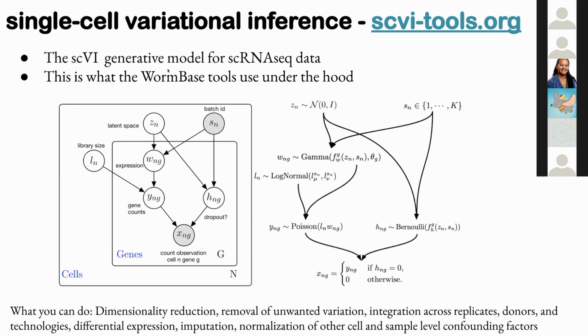And so just so you have a sense, this is what it usually means when I say a model. SCVI makes it very easy for you to create generative models, which are a different way of processing and analyzing data than people are used to.